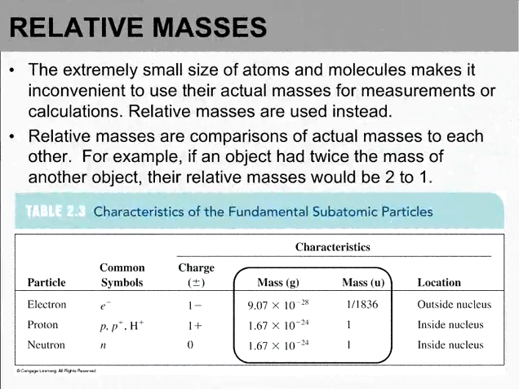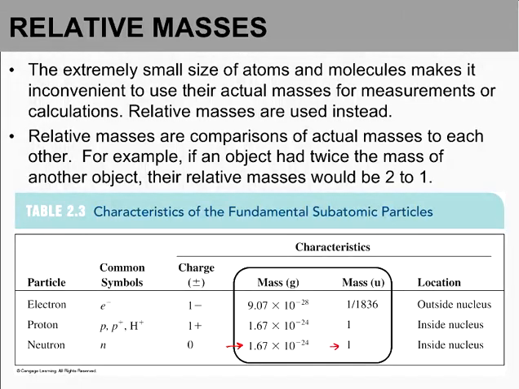Additionally, their masses are really, really small. And last time we saw table 2.3, where the mass of a neutron, for instance, is 1.67 times 10 to the negative 24th grams. And that can be inconvenient for measurements or calculations. So instead, we can use relative masses.